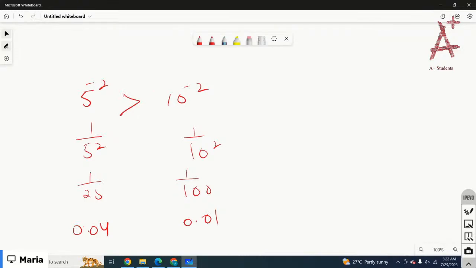Why? When written in rational form, the numerator is equal to 1 and the denominator of both of these expressions is equal to base squared. So 5 is less than 10. So 5 square is less than 10 square. And so 5 exponent negative 2 is greater than 10 exponent negative 2. Got it?